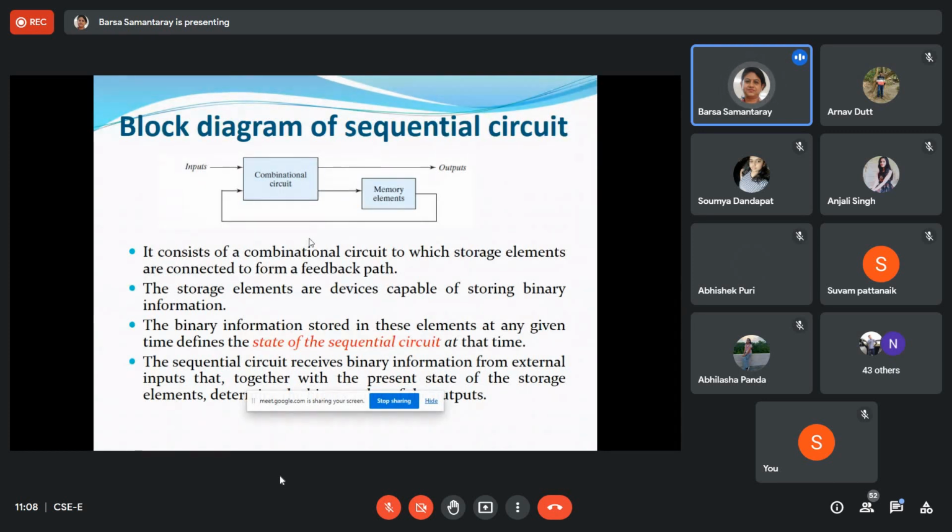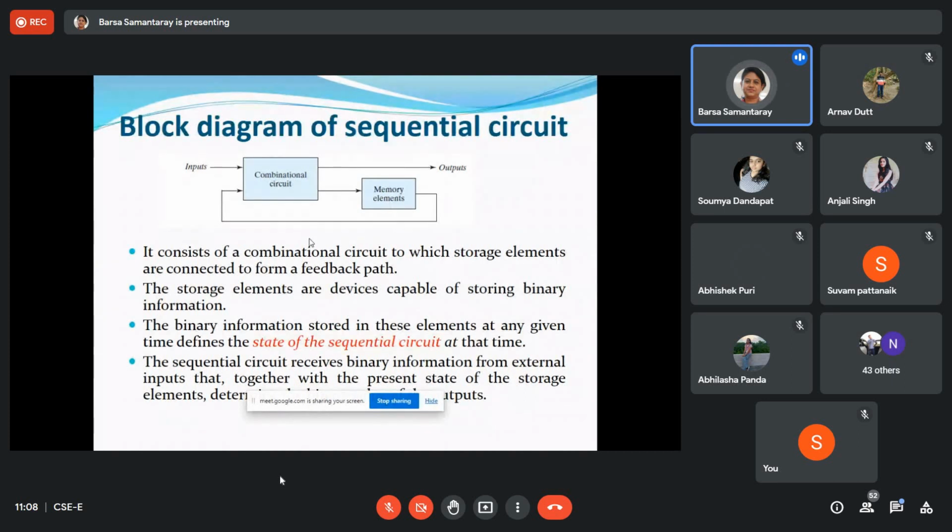I'm repeating briefly: combinational circuit means whenever we give the input, the present output depends upon the present input, and the circuit is nothing but a combination of the inputs.